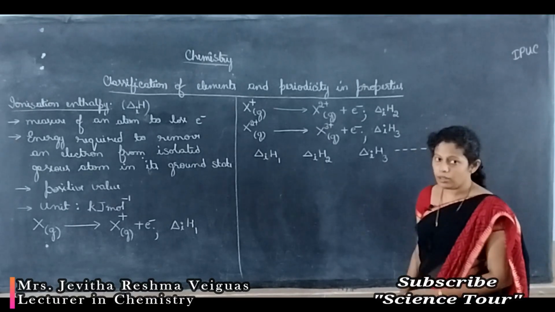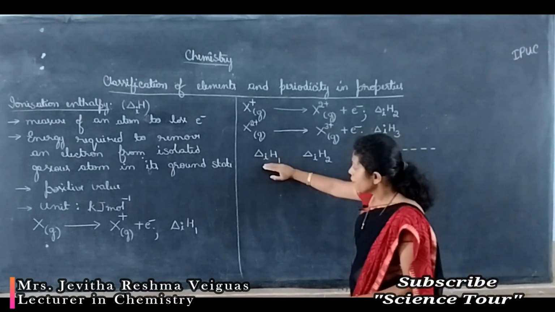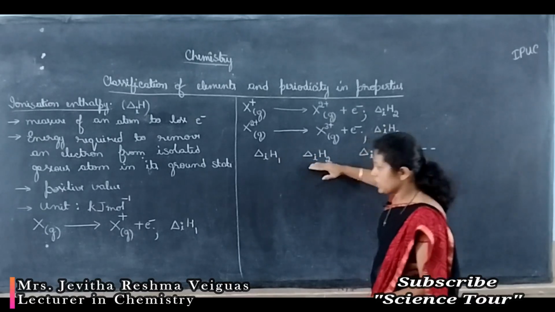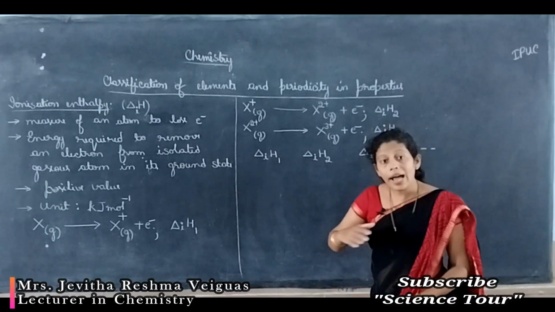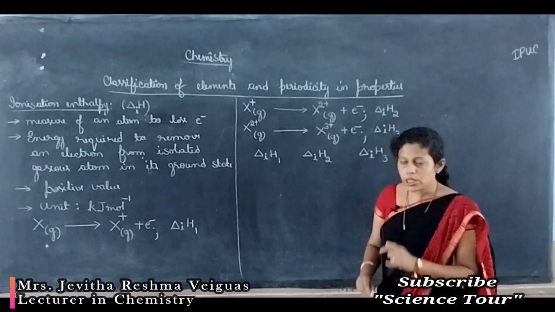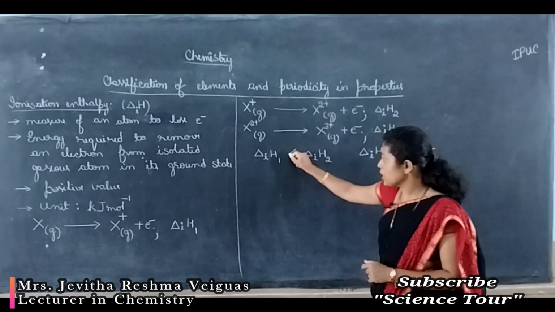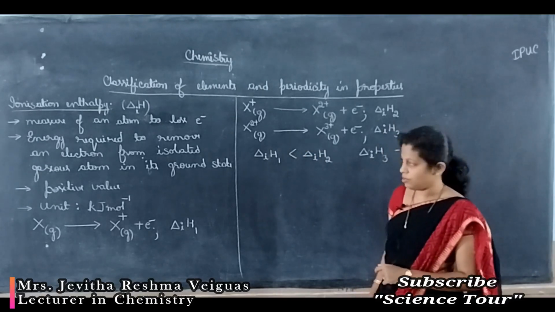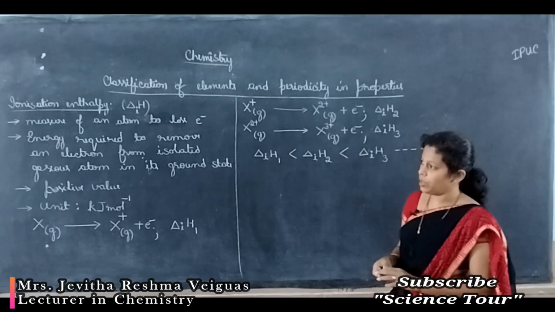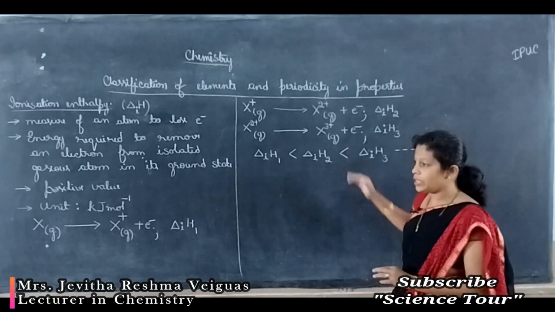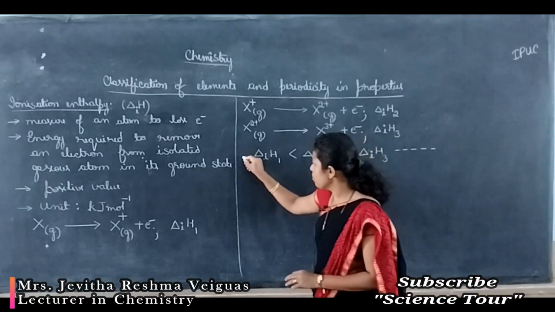If we compare these values for any element, what is found is that first ionization enthalpy is always less than second ionization enthalpy, which is less than third ionization enthalpy. Why is it so? What is the reason behind this?